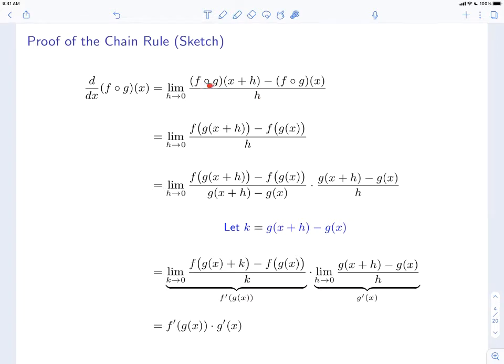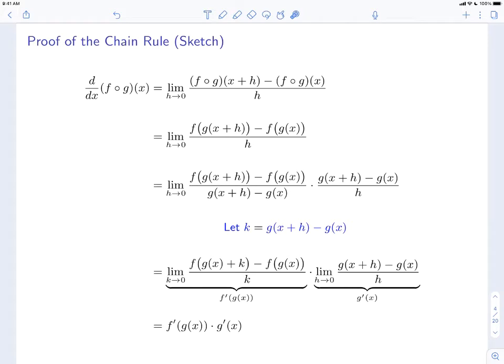But the composition f circle g is really just f evaluated at g at the input x plus h, so this is g at x plus h. And f circle g at x is really just f evaluated at g at x, and of course this is still divided by h.